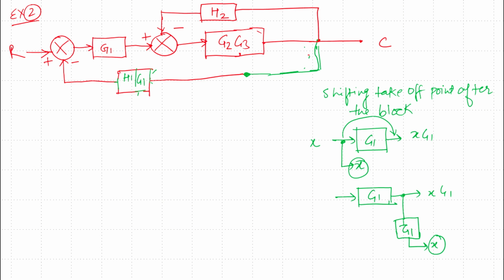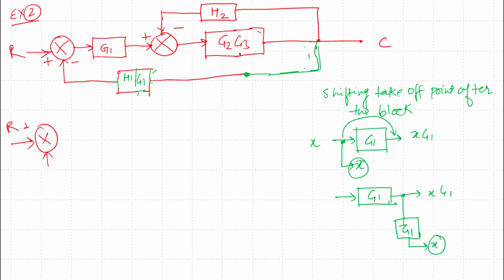Now there is a feedback network with G2, G3 and H2. We can apply the feedback rule, which I already discussed in the previous example also. So let me redraw this block diagram again with the applied reduction rules.